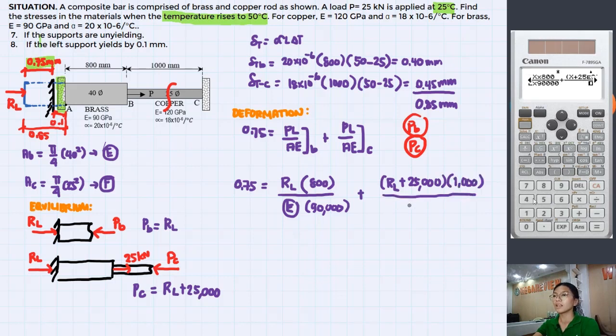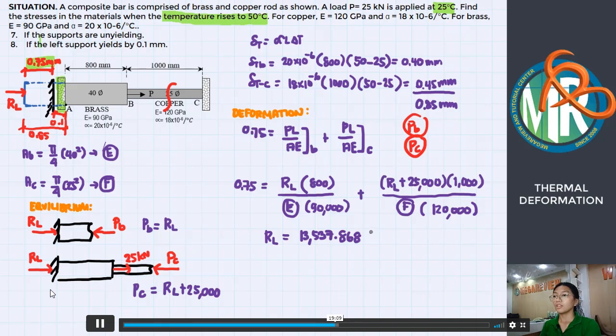Area is stored in F. Modulus of elasticity is 120,000. As you can see, we again utilized both the equilibrium equation and the deformation relationship. We can now solve for the reaction at the left support, which is 13,537.868 Newton.